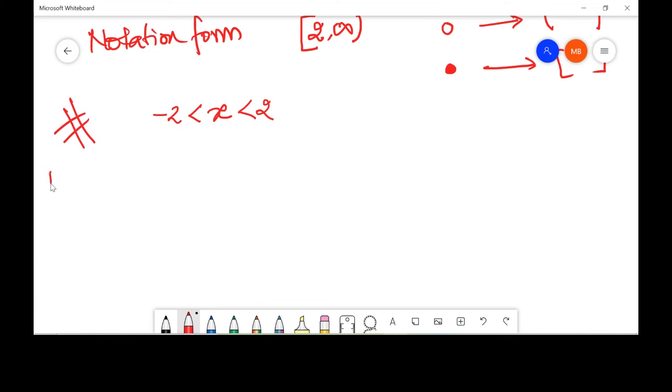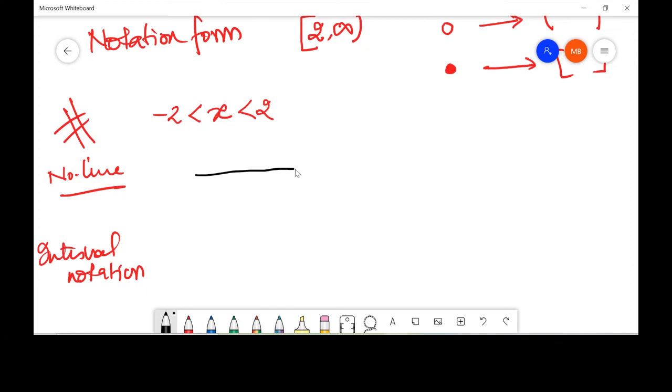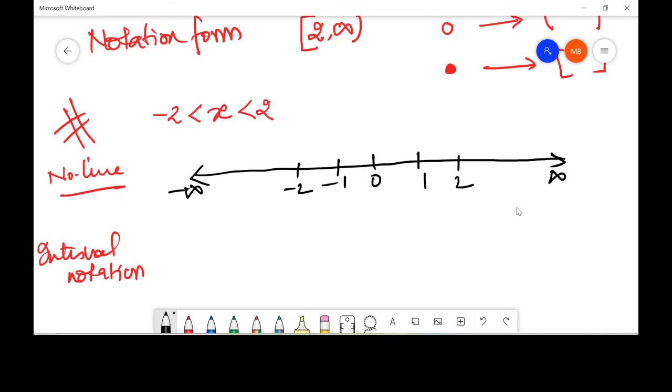Let's try to represent it on the number line, and then we will try to figure out the interval notation. So number line, this is our 0, this is -1, this is -2, and so on, negative infinity. This is +1, +2, goes up to infinity.